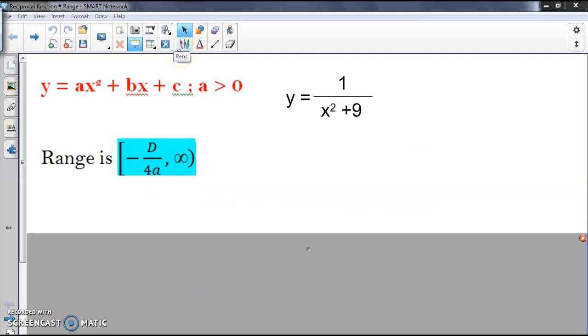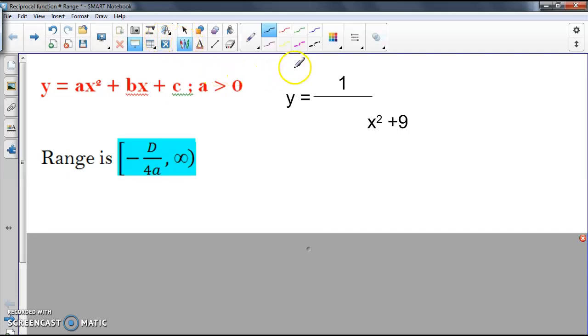Let us take some more examples. y equals 1 upon x square plus 9. Now, x square plus 9, its range is from 9 to infinity, as we all know. We have discussed in the previous videos. So, all the values of this range are positive.